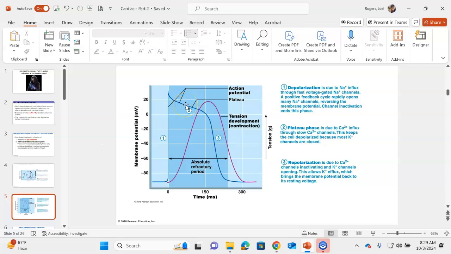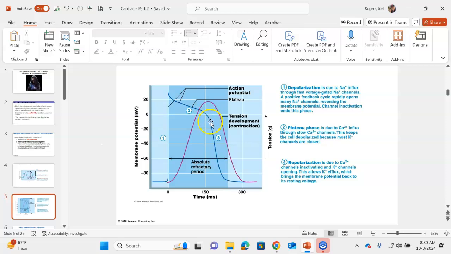What's happening during the plateau phase, as we can see over here labeled, is calcium coming into the cell, and I'll go over the significance of that in just a second. So calcium comes in through slow calcium channels. It's coming in just not very rapidly.